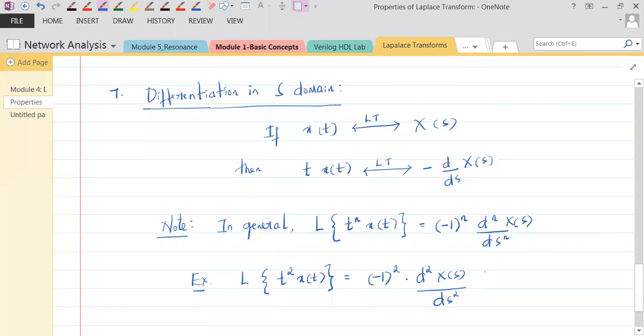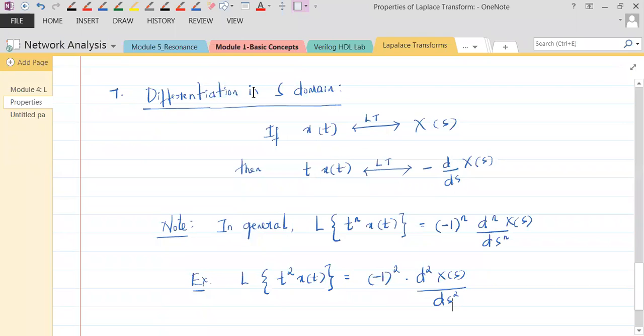So if you have an even numbered power, it would just be this. This would be positive. This minus 1 would not come into picture. If it is an even power of t, like t squared, t to the power 4, t to the power 6, for all those, this minus 1 would not exist, because minus 1 to the even power would always be 1. So this is how the differentiation in S domain would look like.